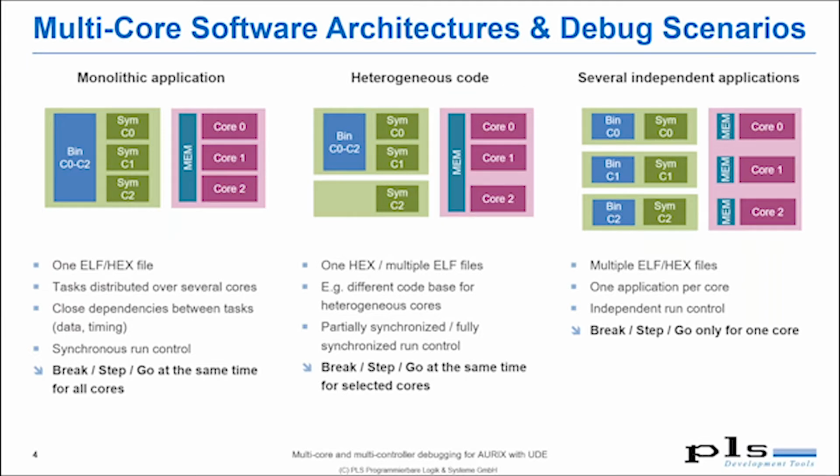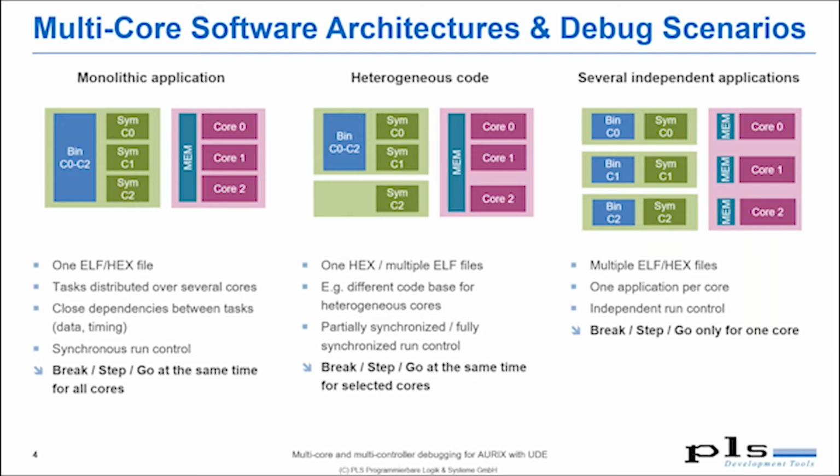And then, of course, we have a mix of both corner cases. We have different code bases and binaries for the different cores. For example, for the AURIX, we have main cores based on the TriCore architecture and a GTM or an HSM. For those special cores, typically a separate ELF file or a separate text file exists.